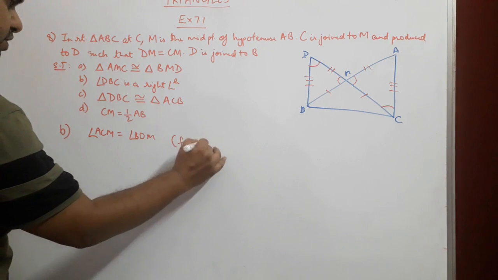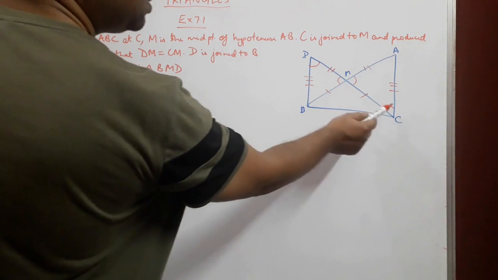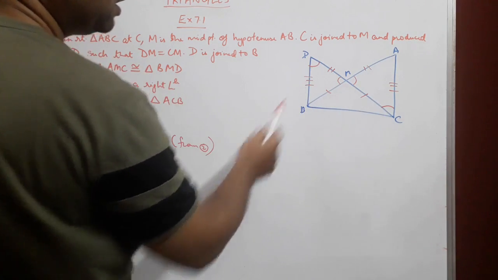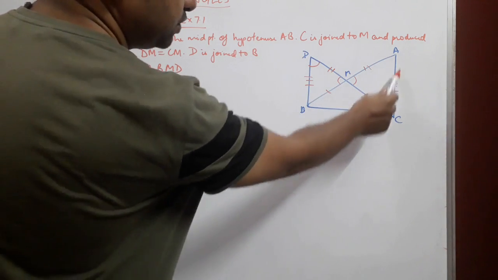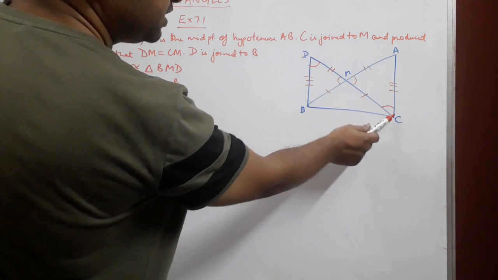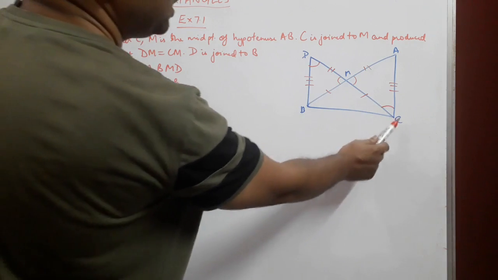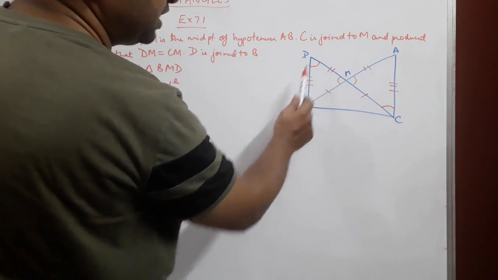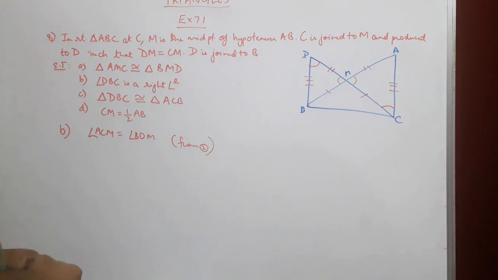If you carefully have a look, if we have proven these two angles as equal, these are actually alternate angles. We have a line passing through these two lines, so CD can act as a transversal, that is a line cutting two lines such that its alternate angles are equal, we can say that these two lines are parallel to each other.